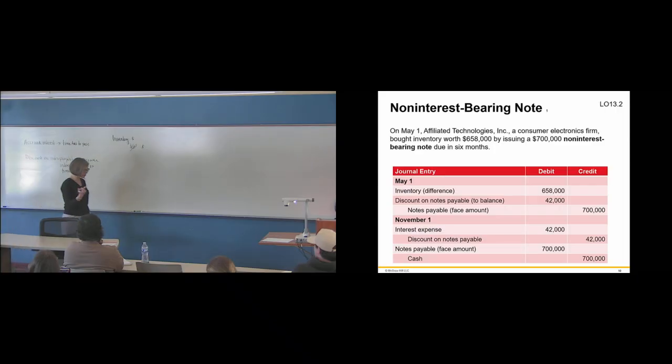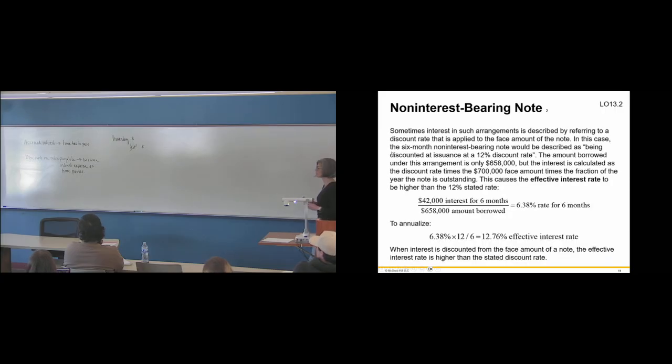So the problem with these non-interest bearing notes is that the effective rate of interest is not the same as the interest rate that is maybe stated in the note. Because you think about it, you're paying back an amount that's higher than what you're borrowing, or what you're getting to use, correct? So in the next slide, you can see we calculate the amount of actual interest that this is.